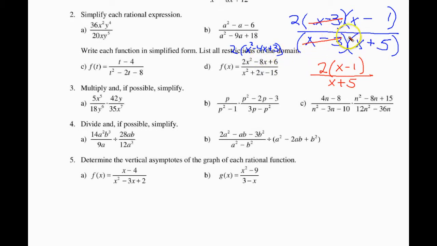Well, initially this was that and this. So here x cannot be, just transpose that, a 3, or x cannot be, transpose that, a negative 5.